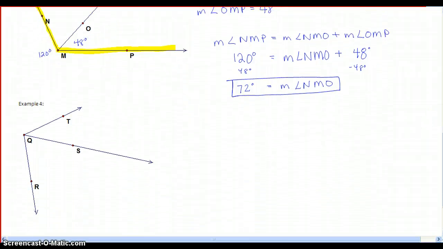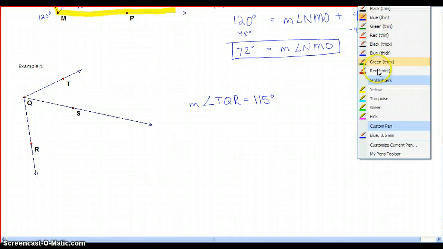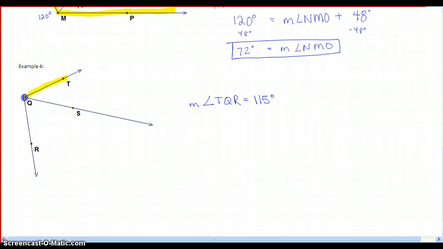In my last example, I'm going to tell you that the measure of angle TQR is 115 degrees. So again, it helps to draw that out. TQR, this is 115 degrees.